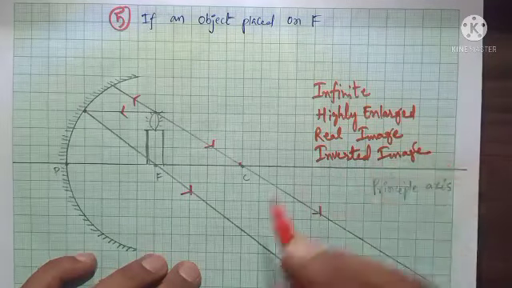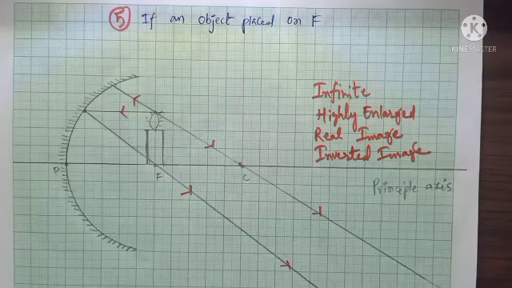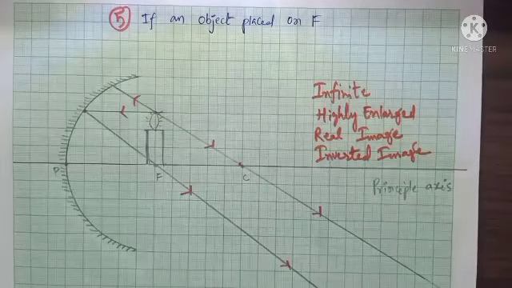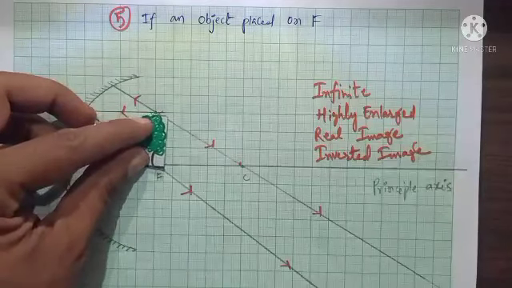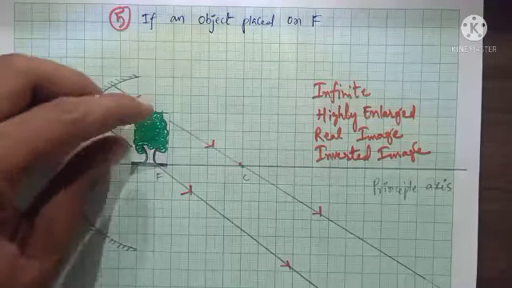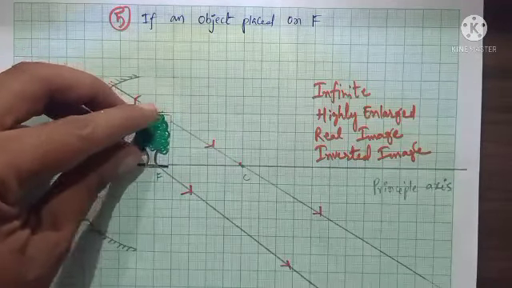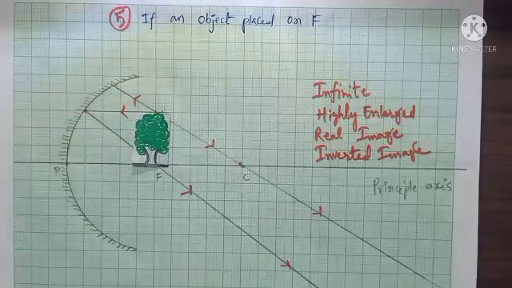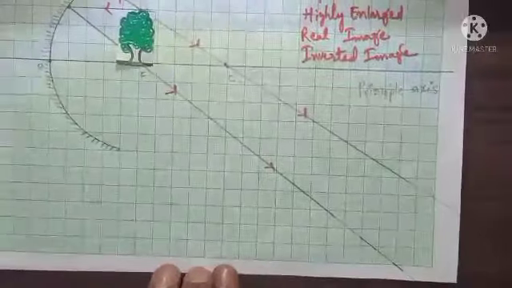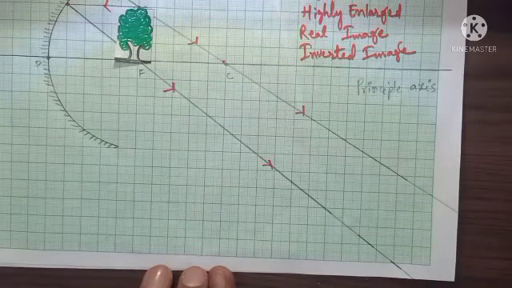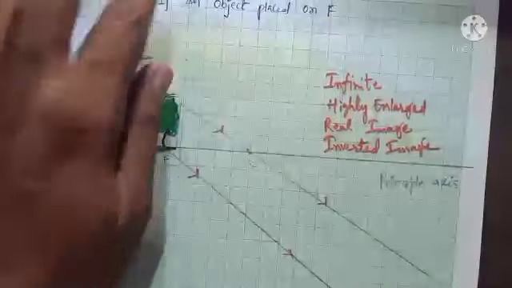These are the properties of the image. For example, if I place this tree-shaped diagram here, we cannot get the image. The image will form at an infinite distance.